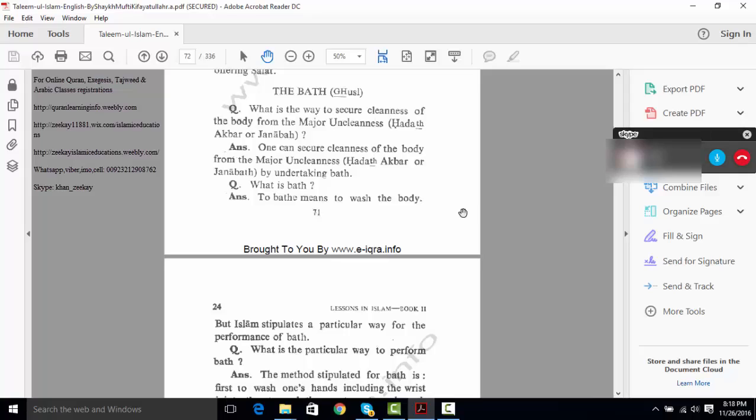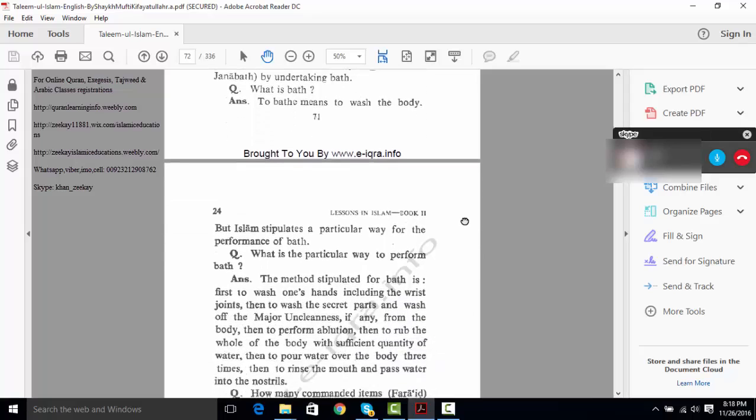What is bath? To bath means to wash the body, but Islam stipulates a particular way for the performance of bath. In general, bath means to wash the body. Understand? But in Islam, there is a specific way to have a bath, to wash your body.